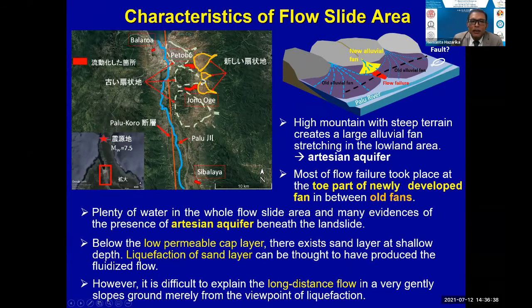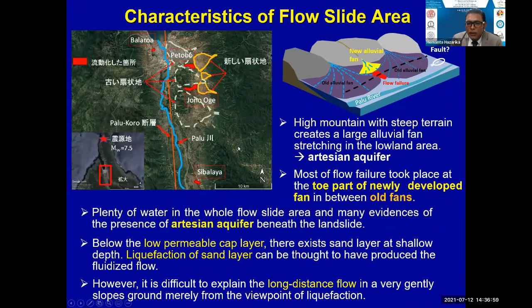You can see there are some old alluvial fans, and some new alluvial fans were formed with time. Most of those flows took place near the new alluvial fans. You can see Petobo here, Jono Oge here.